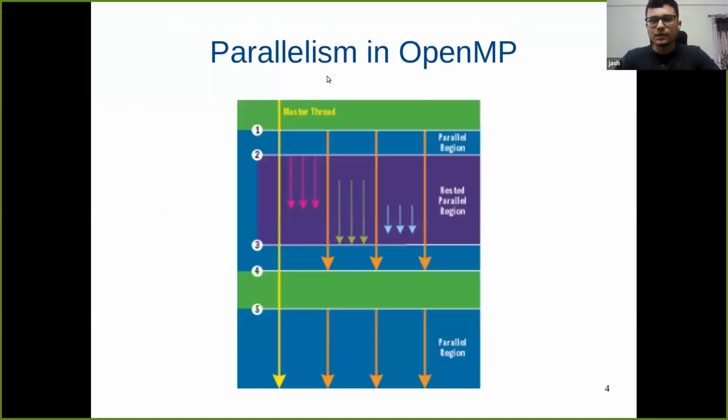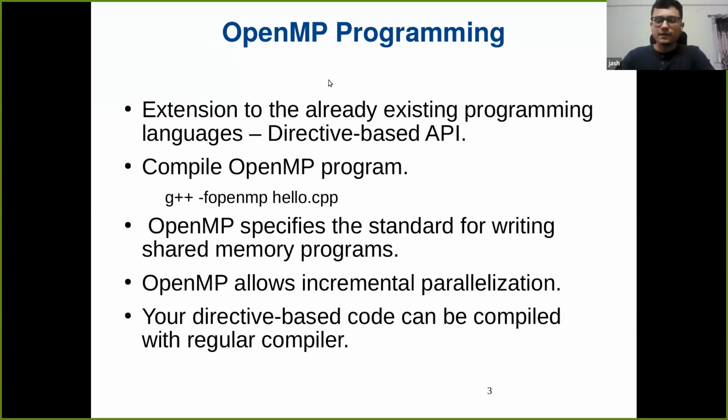So as I told in the previous session, OpenMP is nothing but a directive-based API, and it's an extension to the current programming languages like C, C++, and Fortran. You don't have a separate compiler as such for OpenMP.